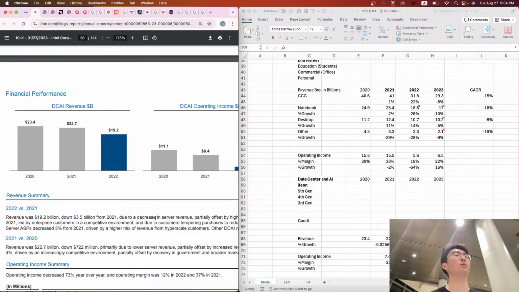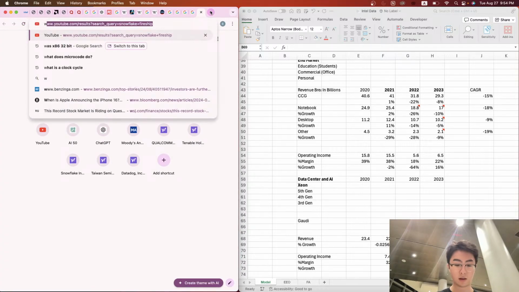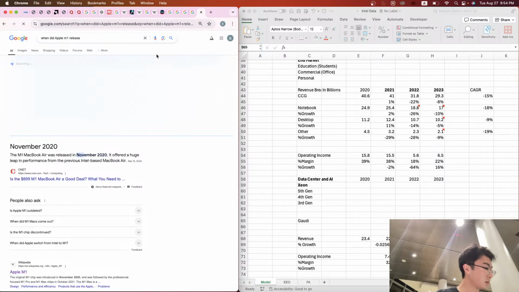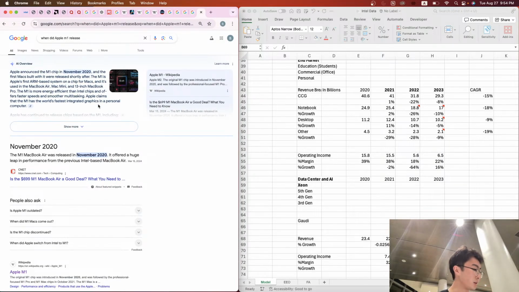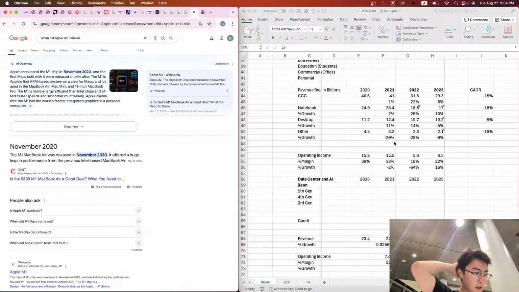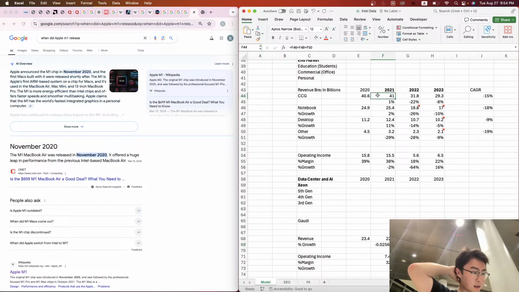And then also, when was that? Apple M1 release, November 2020. Okay. Surprisingly, CCG didn't fall that much.